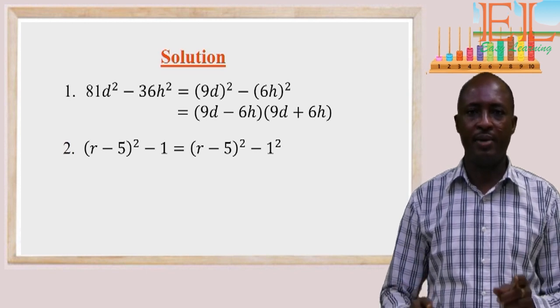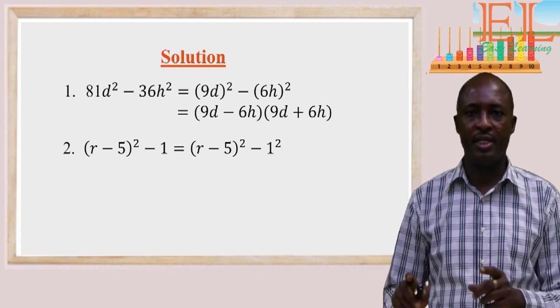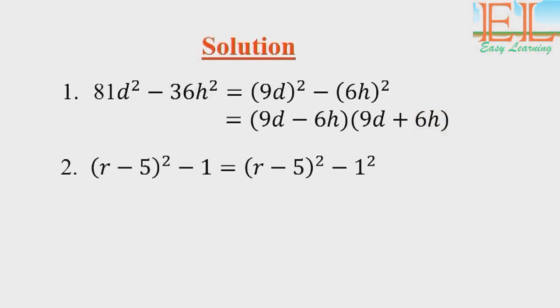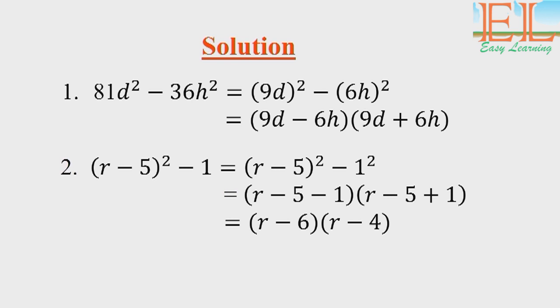So I have r minus 5 squared minus 1 squared. And applying the principle, I now have r minus 5 minus 1 times r minus 5 plus 1. And simplifying the brackets, I'll have r minus 6 times r minus 4. And this is the application.